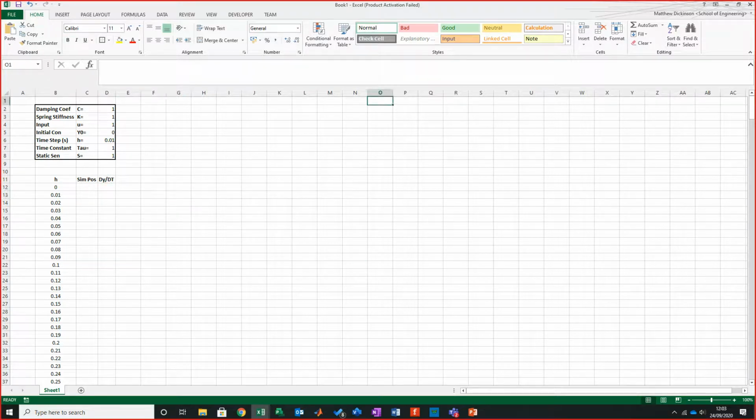Right, so how do we go about it? The easiest way of solving this is, what we'll do first is say, for the very first step in time, my initial condition of y is 0. So we know that the position is there.